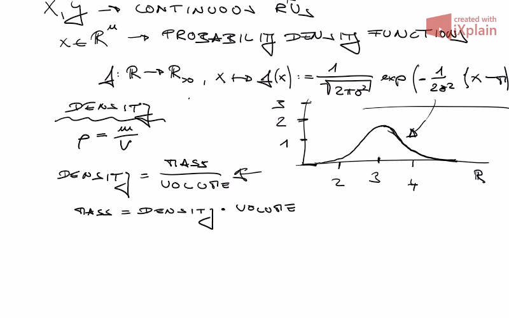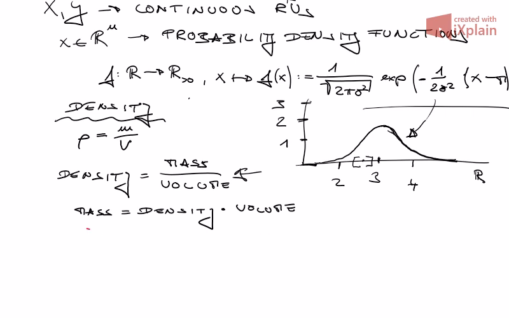Now, if we don't have any volume, so if we look in the real numbers at only a single point and not a volume, like an interval, then of course the mass that we allocate to that is 0. If our volume is 0 and we multiply it with our density, we get 0 mass.